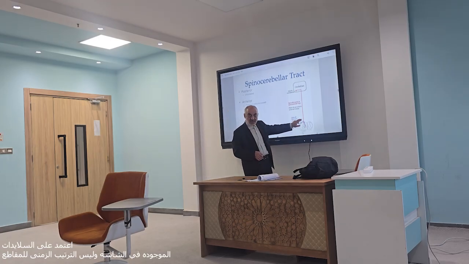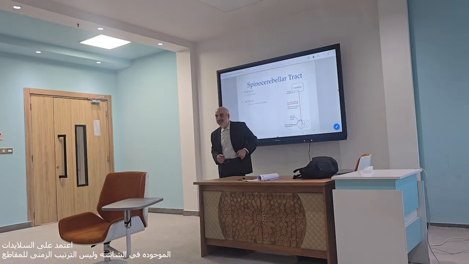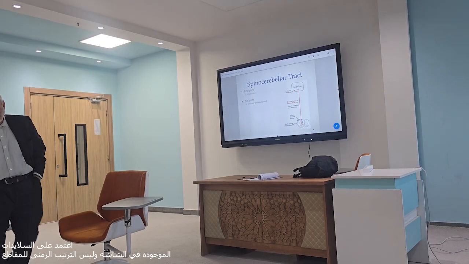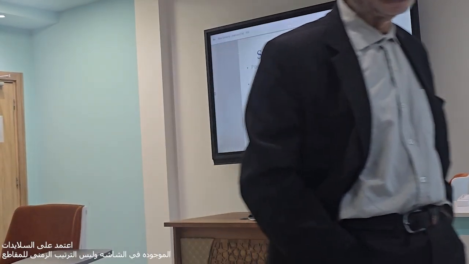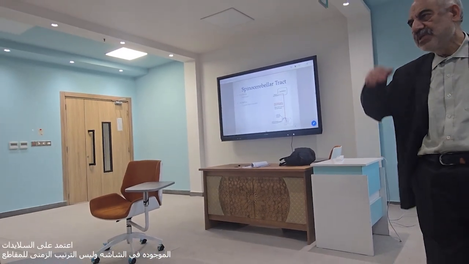This is the dorsal column. It sends information to the cerebellum for muscle coordination. Coordination means tawazun, and adam tawazun means imbalance.